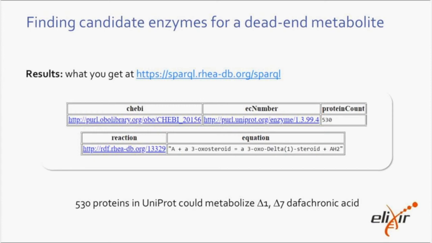Okay. So although there are no proteins annotated for this ChEBI metabolite in any of the resources, through this hierarchical traversal, we can identify 530 proteins in UniProt, which could potentially metabolize this particular dafachronic acid.